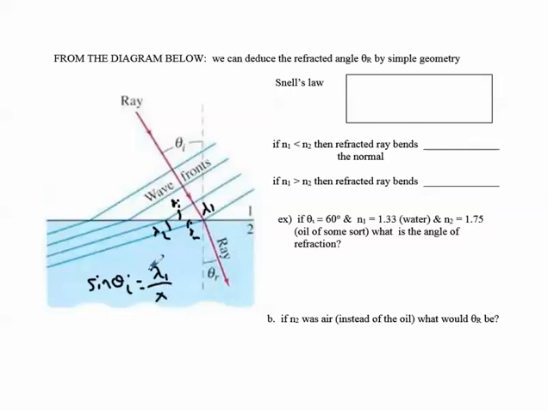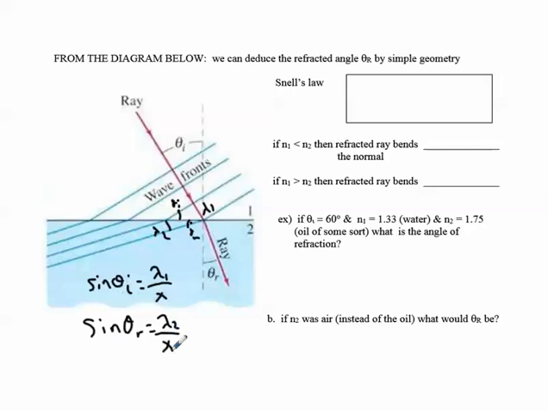And from the triangle made by the refracted waves, we see that sine of theta r equals lambda 2 all over the same triangle length, excuse me.